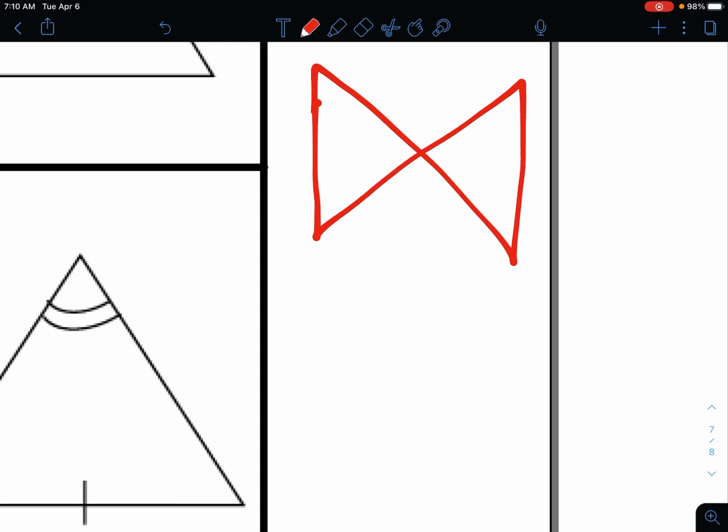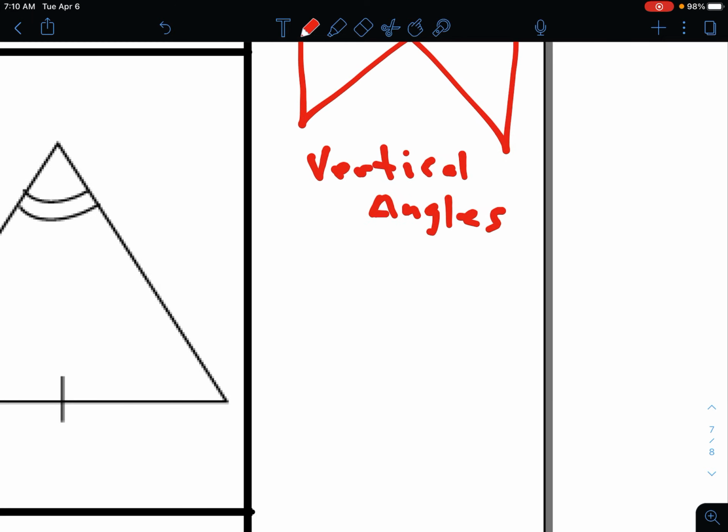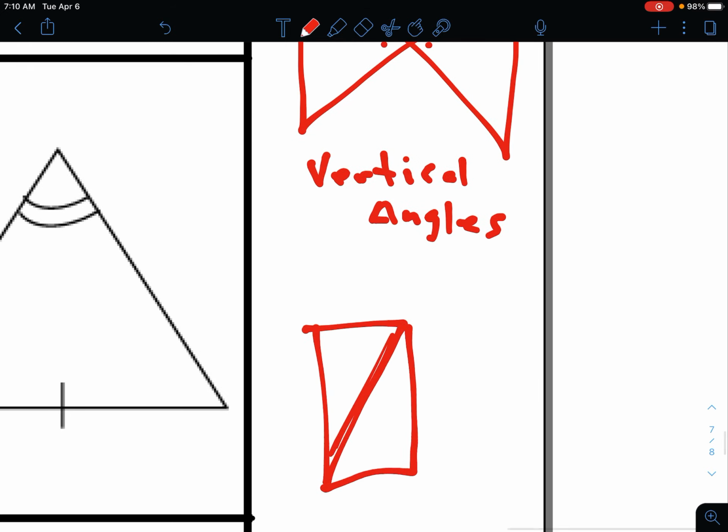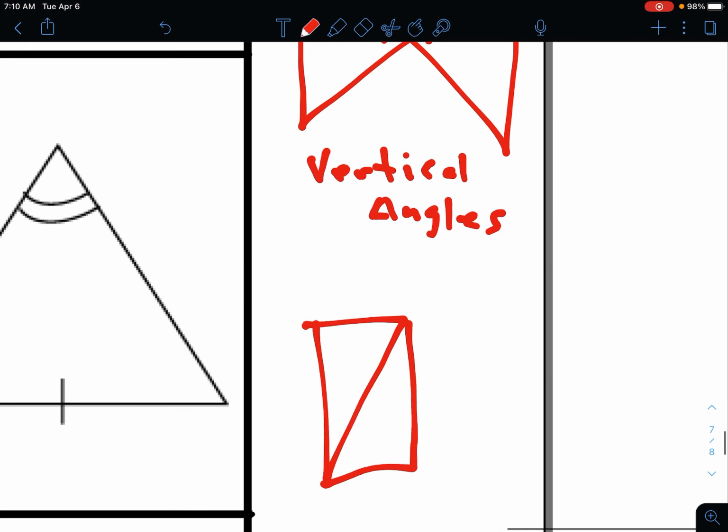So if the triangles are connected at a vertex, okay, these two angles here and here are going to be congruent by definition of vertical angles. We had the reflexive property, where the triangles were connected on a side. And we call that the reflexive property.